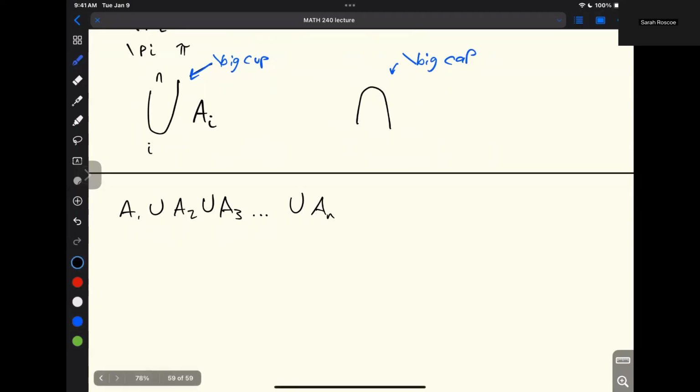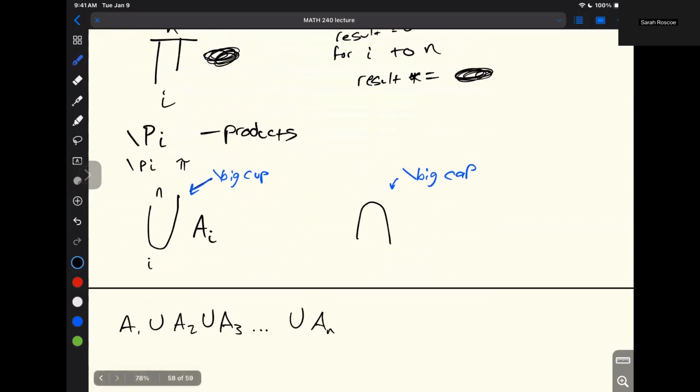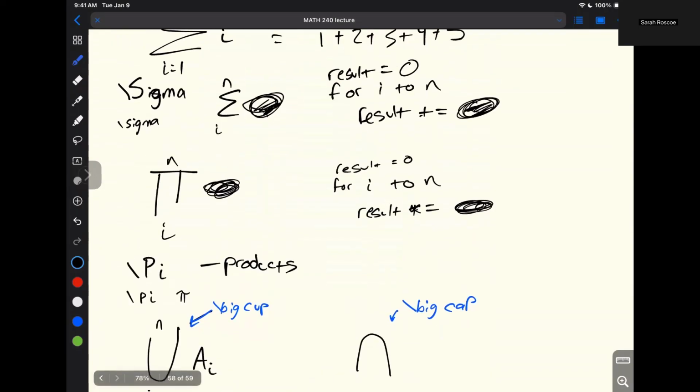Don't quote me on that, but I'm pretty sure. It looks complicated, but it's essentially just a for loop where we have some operation. With addition and multiplication, it's easy to write plus equals or times equals.